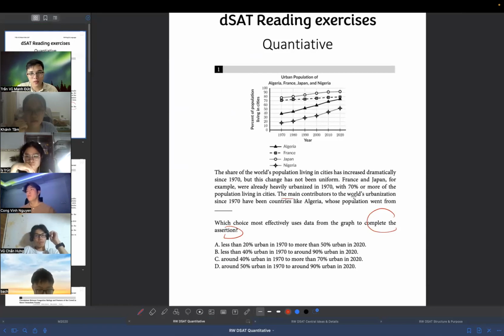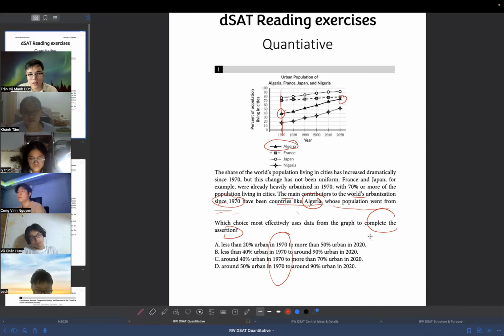The main contributors to the world's urbanization since 1970 have been countries like Algeria, whose population went to... So we are going to have to look for since 1970 and Algeria. The main contributor, so Algeria is the triangle, and 1970 is from here, went from this to this.